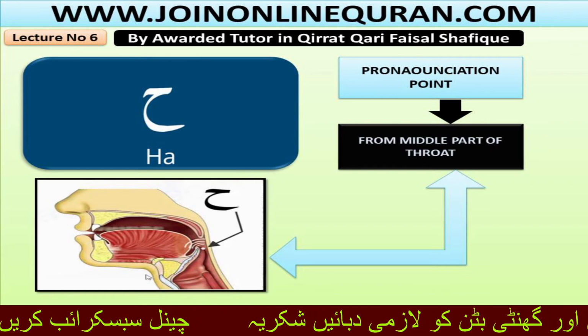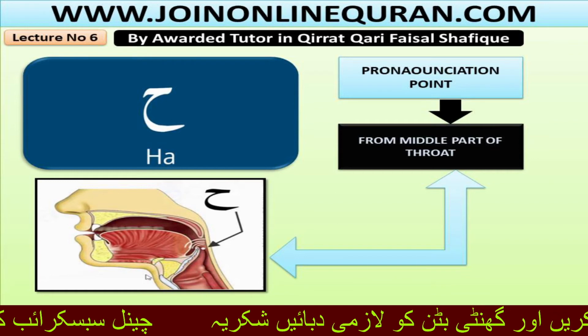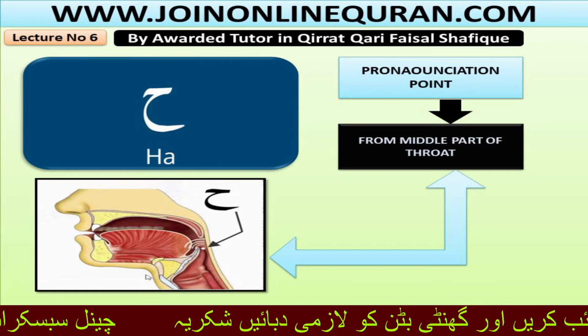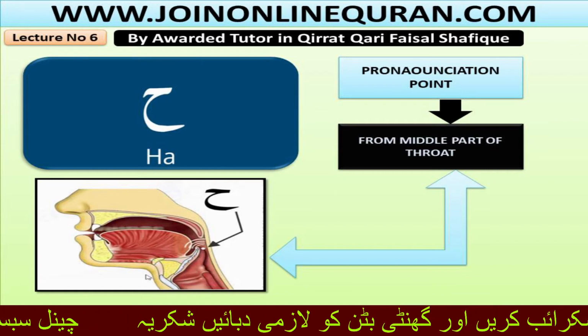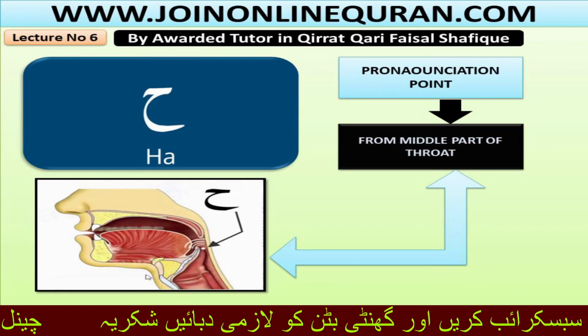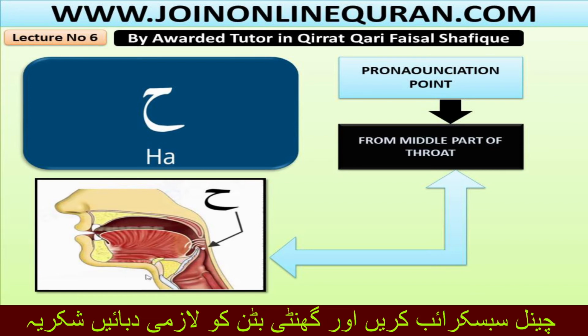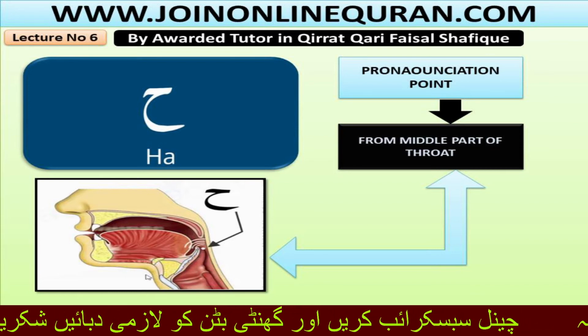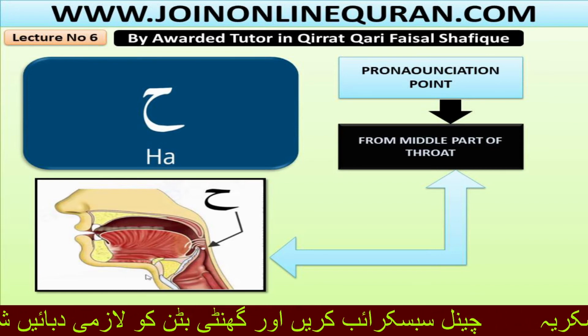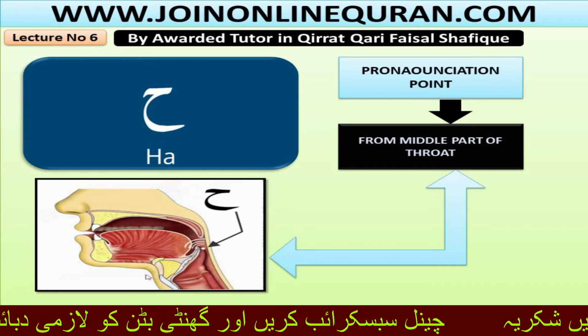You have to read this letter Ha from the middle part of your throat. Okay, so a very clear sound. You have to read this letter Ha like that. So that means the point of pronunciation of this letter is the middle part of your throat.